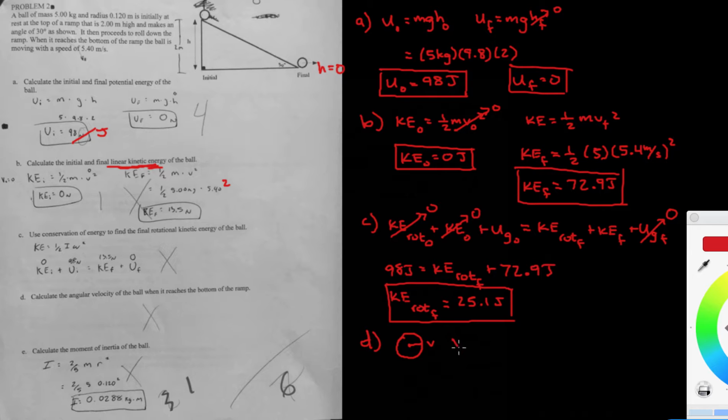Right. So because v is equal to r omega, which is the equation I should have used on the other one, that's the angular velocity. The speed is 5.4 meters per second. The radius of the ball is 0.12 meters. So you can figure out the angular velocity.